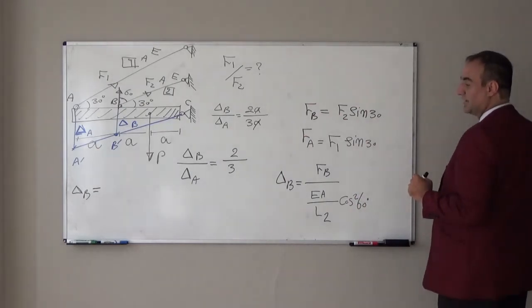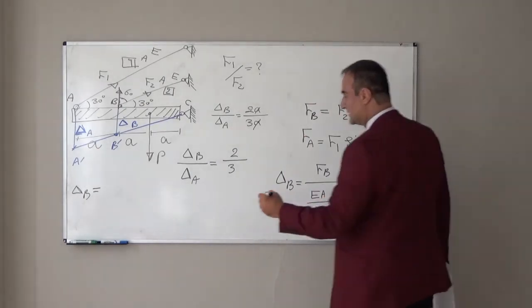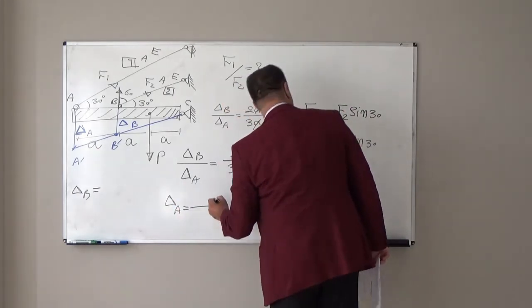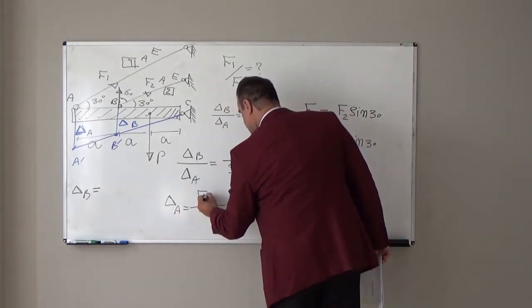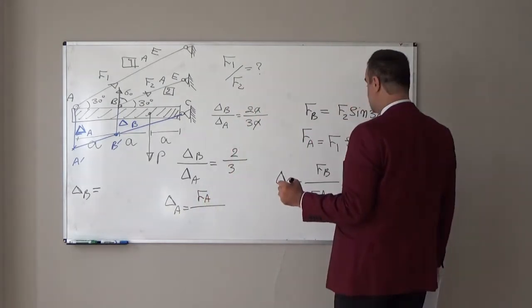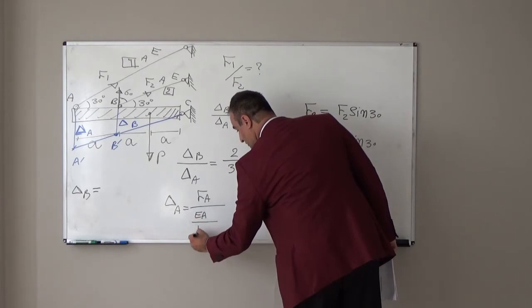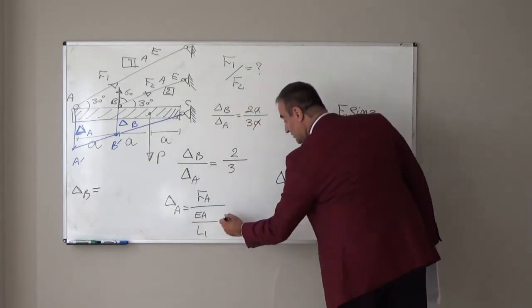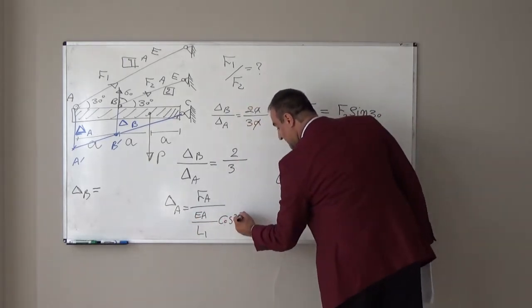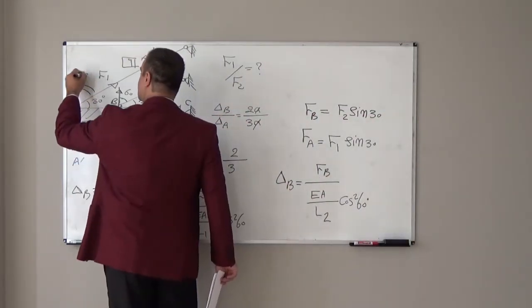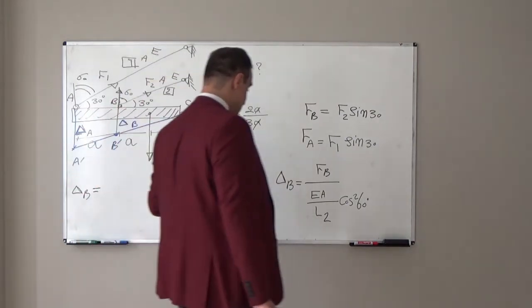In a similar way, I can write delta A is equal to FA divided by EA over L1 cosine square of again 60, because this angle will be 60.